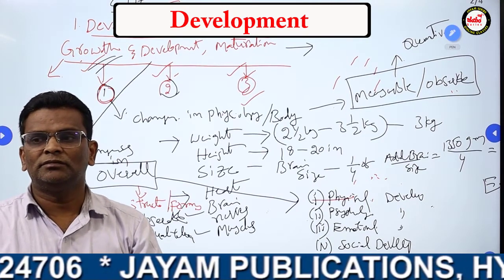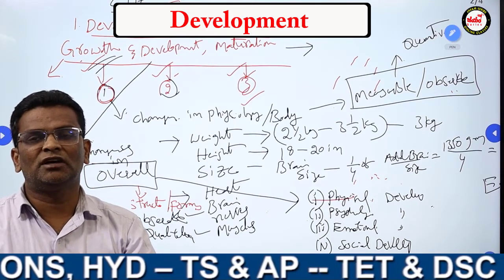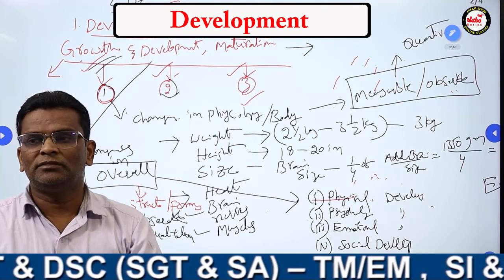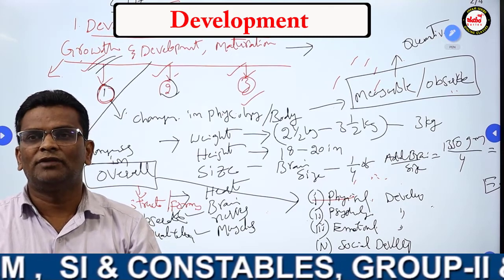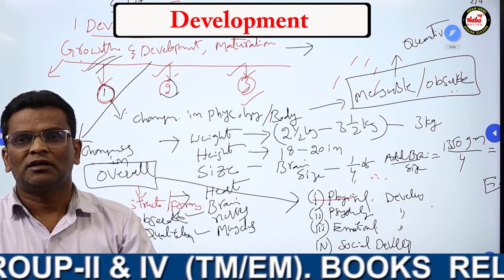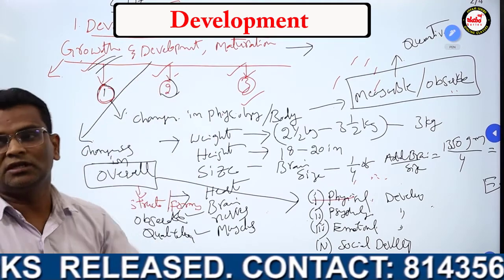At the same time, to know the learning situations of the students, and to know the readiness and maturation of the learner. A teacher has to know about these three things.